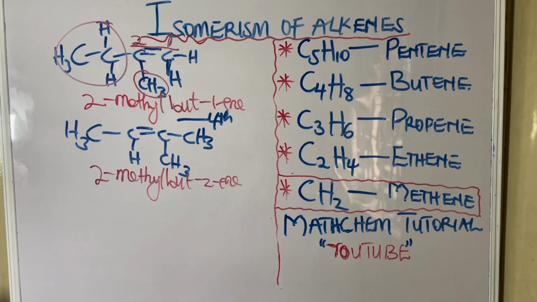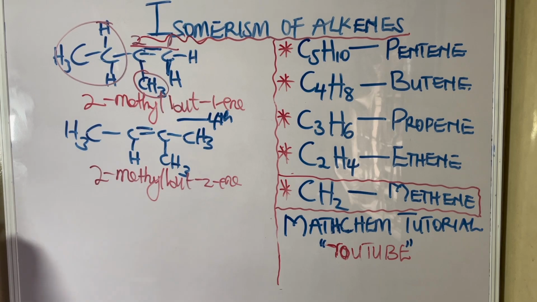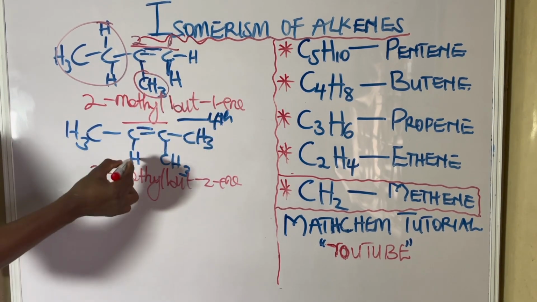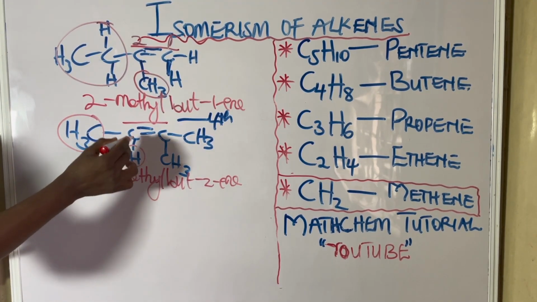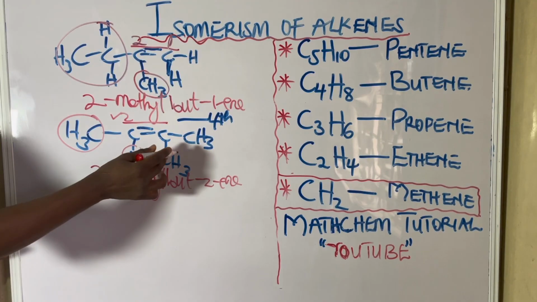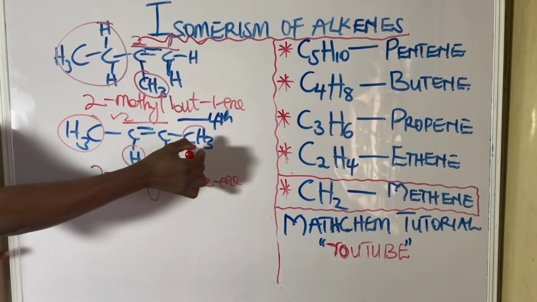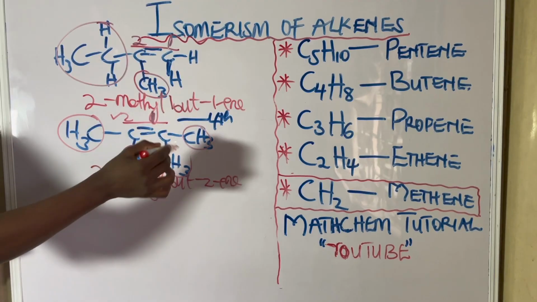Okay. So having this now, let's see. Will there be cis and trans? Let's check. This is the C to C double bond. For this carbon atom, you have this group and another group. Okay, it obeys. What about this one? We have this and this. These are the same group, so it doesn't obey.